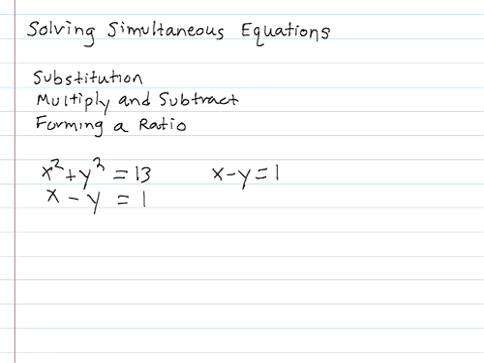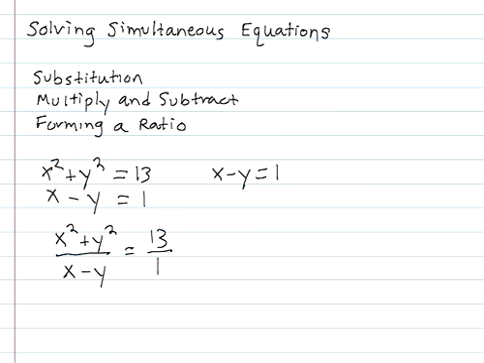What about forming a ratio? I could take the two equations and divide them by each other. So take the first one and take the second one and divide them like that. Now this is a true statement, but it doesn't really get us anywhere because there's no way that I can simplify what's on the left-hand side.